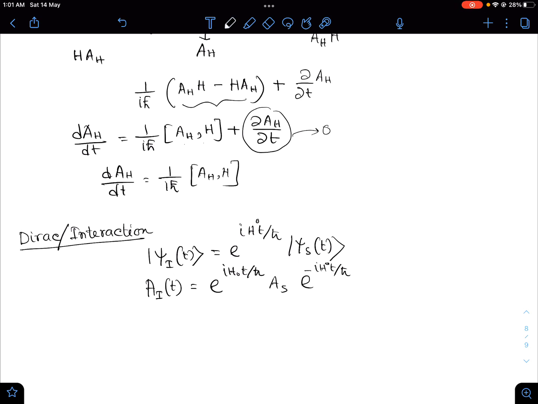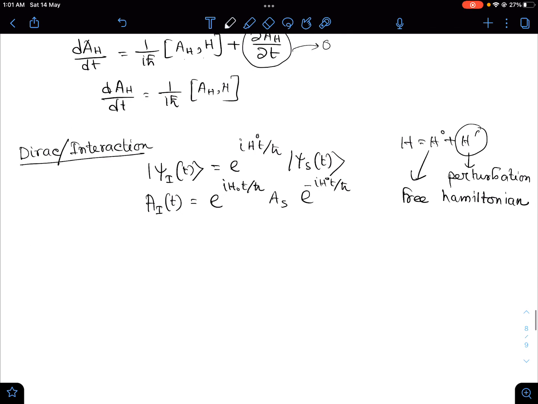So what is H0? The Dirac picture is useful for perturbation theory. So H0 is the free Hamiltonian or unperturbed Hamiltonian, and H dash is the perturbation that we added to the unperturbed Hamiltonian, the free Hamiltonian.